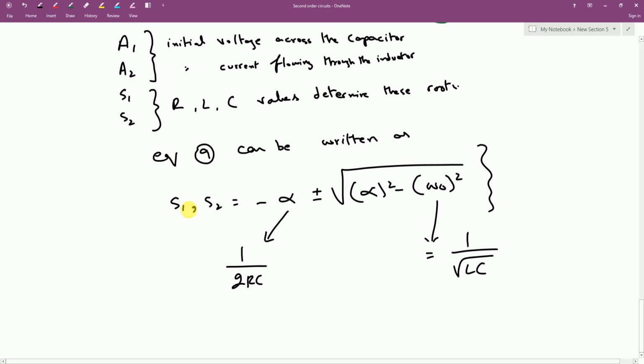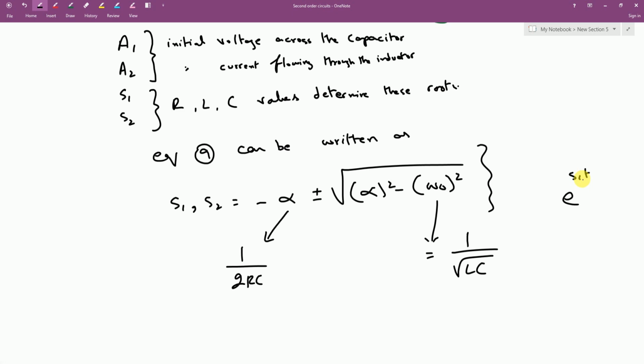Notice that this S1 and S2 is used with an exponential term, e raised to the power S1 of t. So we need some dimension for these variables that gives us something which is opposite to that of time, right? Or which is the reciprocal of time.